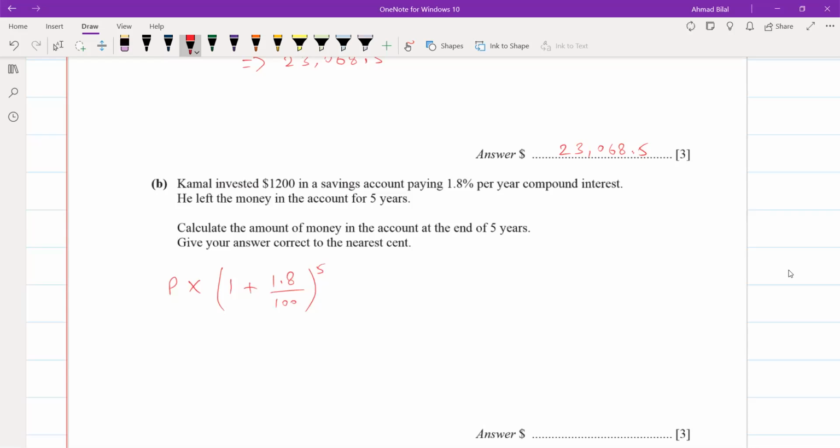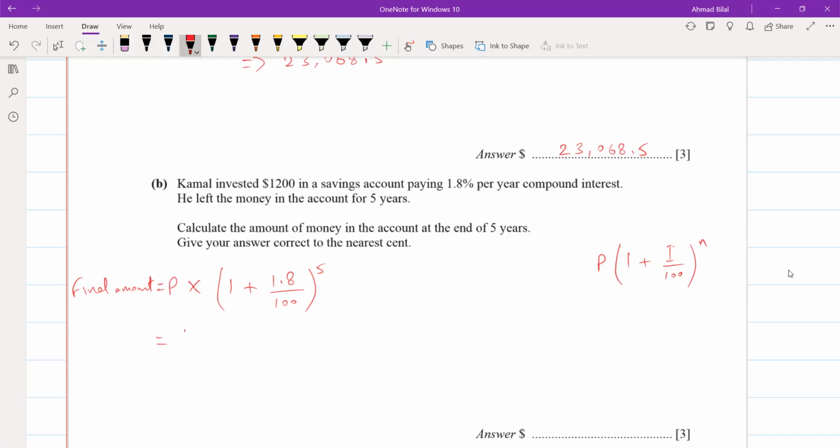So if you remember the formula, we write something like this: principal into 1 plus the interest rate divided by 100, raised to power n, where n is the number of years, the number of periods you are considering. This is going to be the final amount, by the way. So the final amount after all that time is equal to the principal multiplied by this thing.